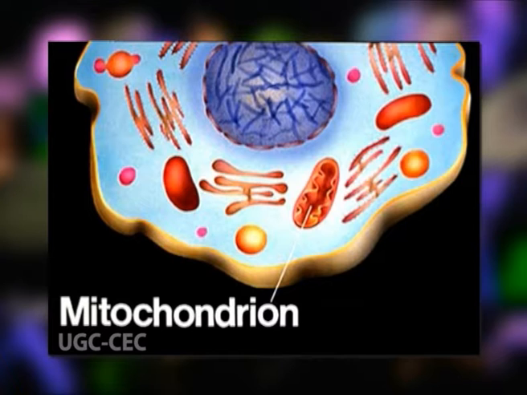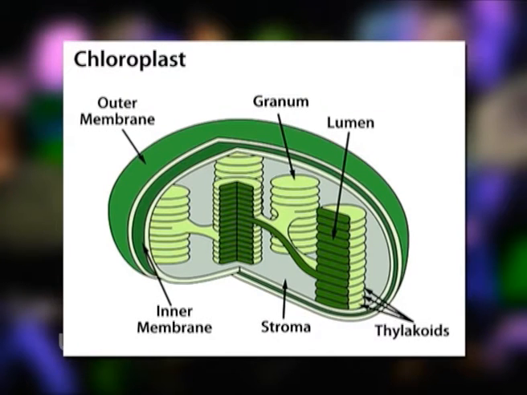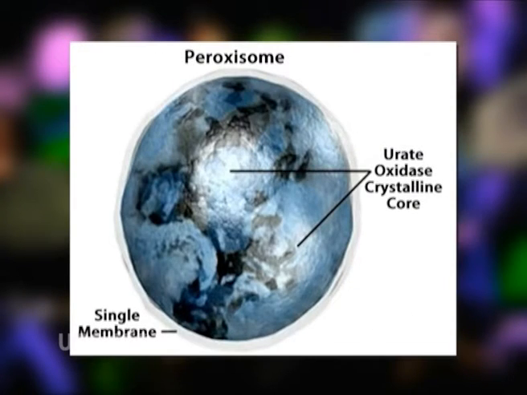Thus, the compartmentalization in eukaryotic cells is brought about by membrane-bound organelles such as mitochondria, chloroplasts, peroxisomes, etc. that carry out different biological functions.